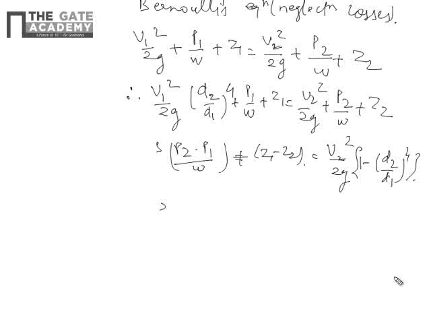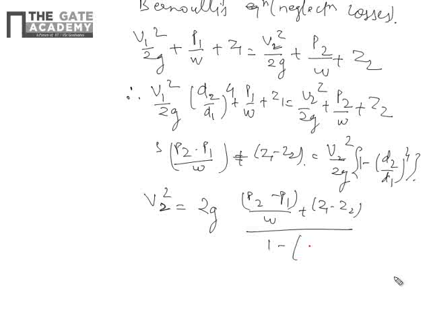So your V2 square will be 2g times ((P2 minus P1) by W plus Z1 minus Z2) whole divided by 1 minus (d2 by d1) to the power 4.